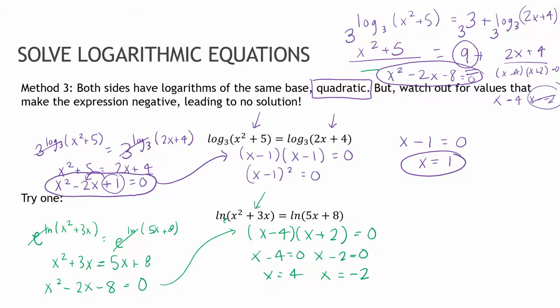If I plug in a positive 4, that's positive, that's positive. If I plug in a negative 2, this guy would be 4 plus 3 times negative 2, which is negative 6. So I'd be taking the natural log of negative 2, and that's no good. And so negative 2 would not be an answer, and my only solution would be 4.